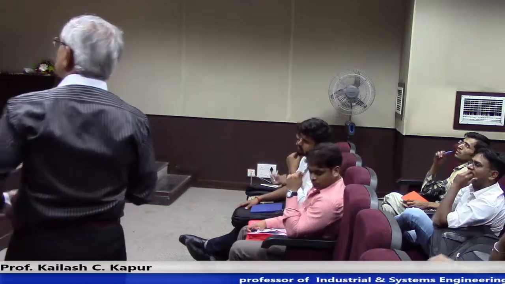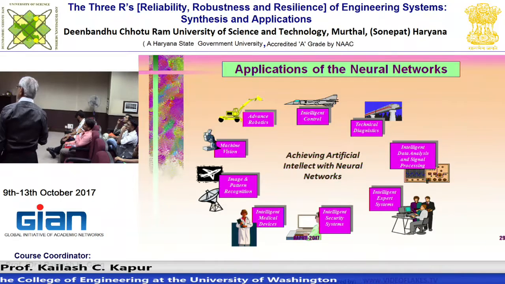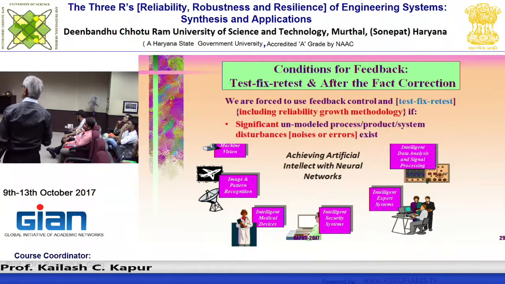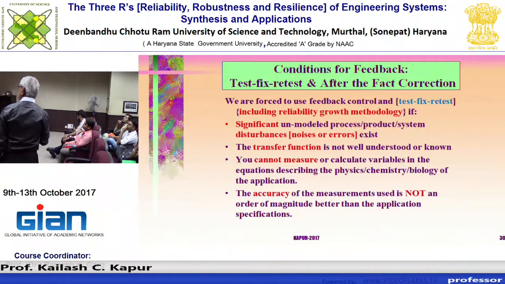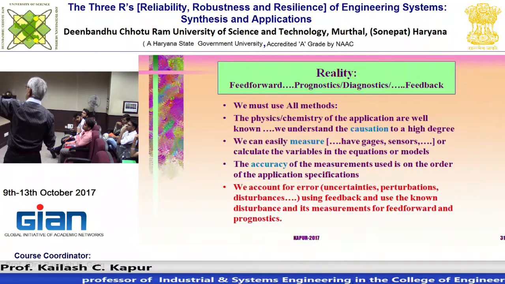And artificial intelligence is what? Learning about human intelligence and then automating it. So that's why these days the idea of neural networks and artificial intelligence is becoming very, very important. Then everywhere there are applications of neural networks.